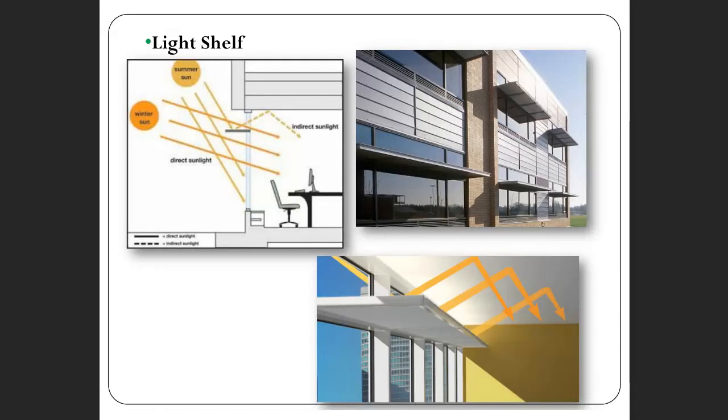And also the top of that light shelf is acting to bounce some natural light deeper into the floor plate of the building. So again, this is a good example of a place where you and your design team are going to have to work together to think about a number of different factors and come up with the best integrated design.